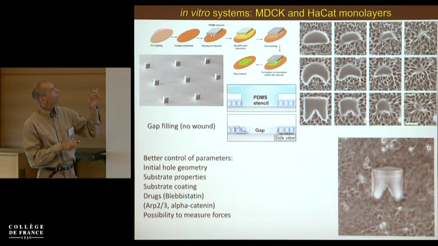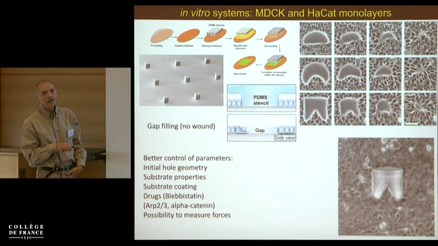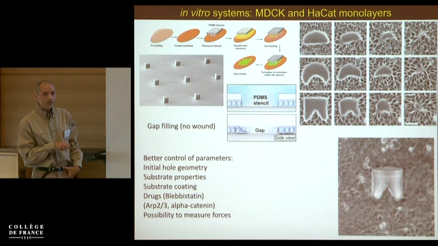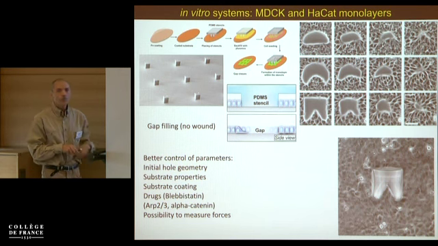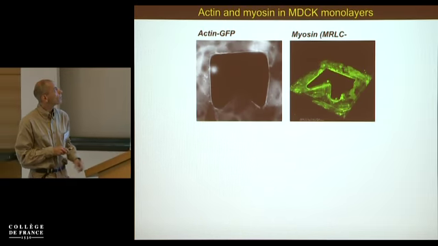And then you can also put drugs in your media which can affect, for instance, blebistatin will affect your myosins, so the way the cable can contract. So you can inhibit contraction by adding a drug, or inhibit your lamellipodal components also, or eventually even play with the junctions between cells. And the other thing is that you can actually measure forces directly, and that's something that I will be showing in the follow-up.